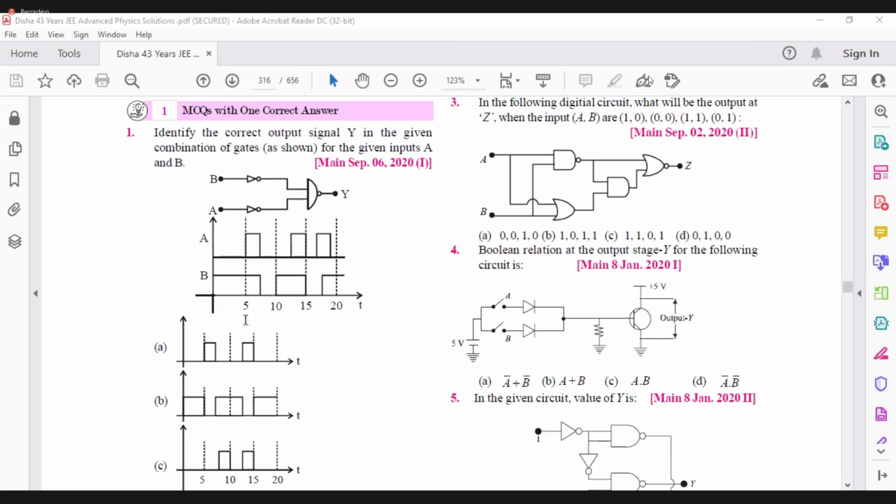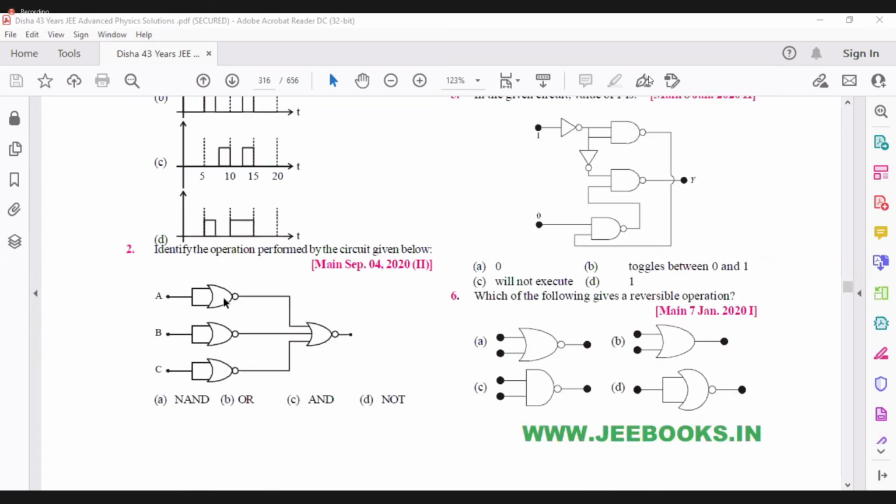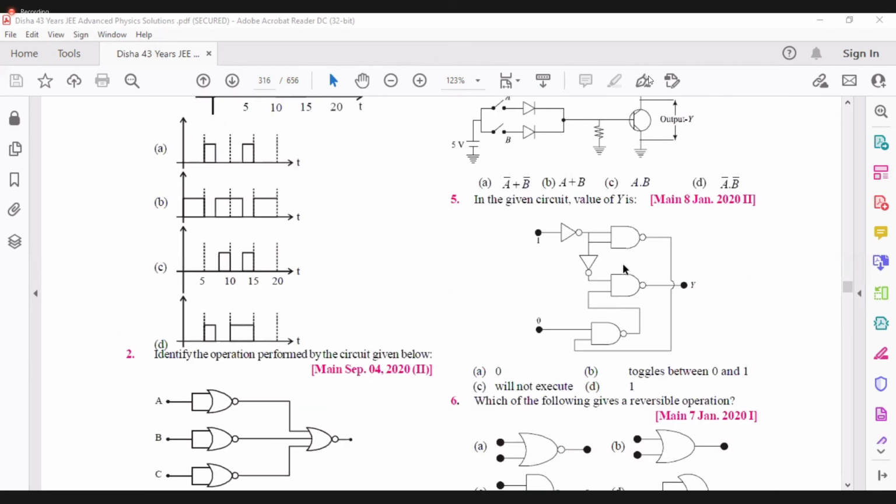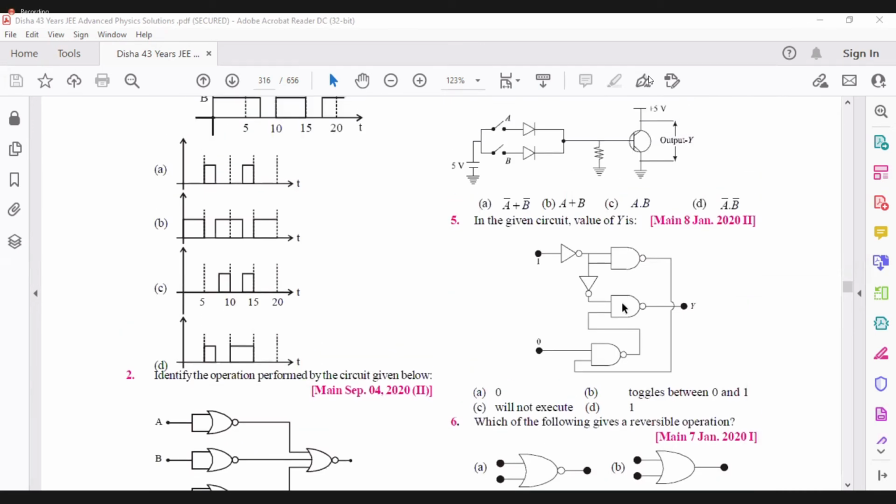NOT gate. This is your knowledge. NAND gate.